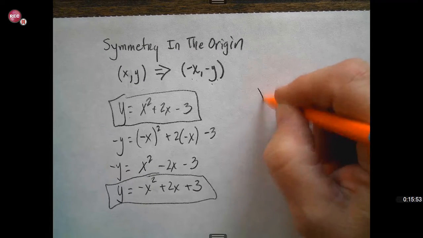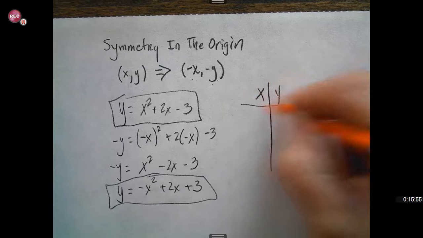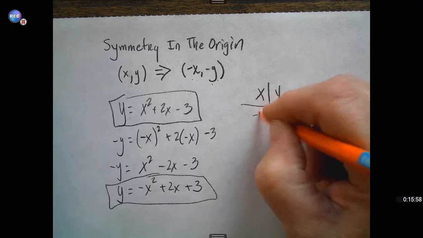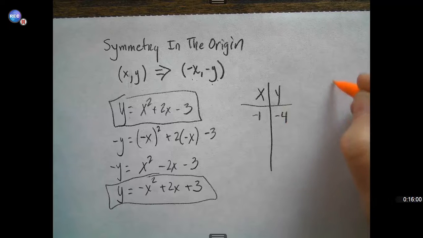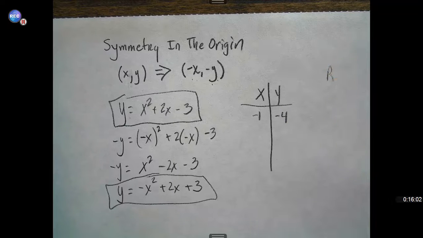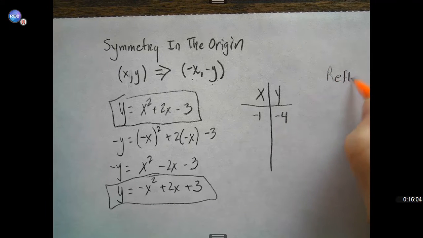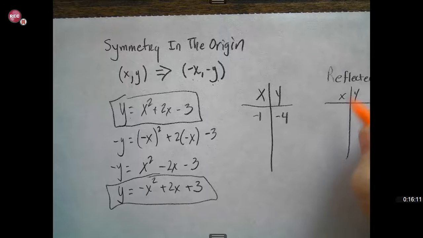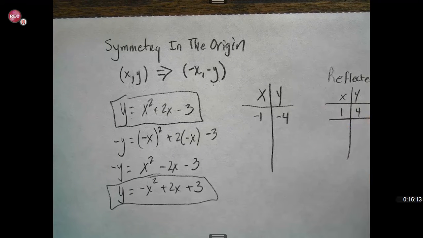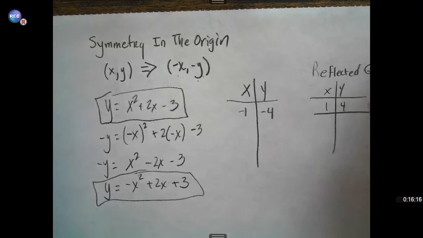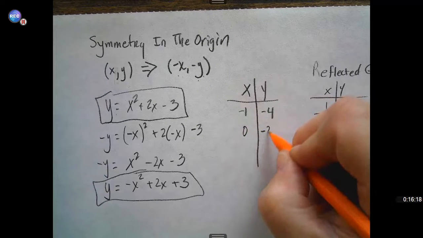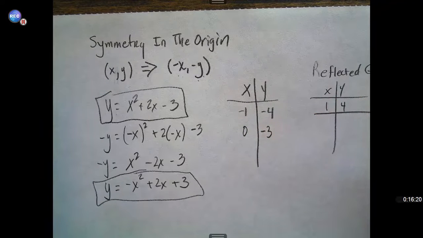And so again, I can take those ordered pairs, -1, -4, and for the reflected graph, -1, -4 becomes 1, 4. And then 0, -3 was the y-intercept, becomes 0, 3 for the reflected graph.